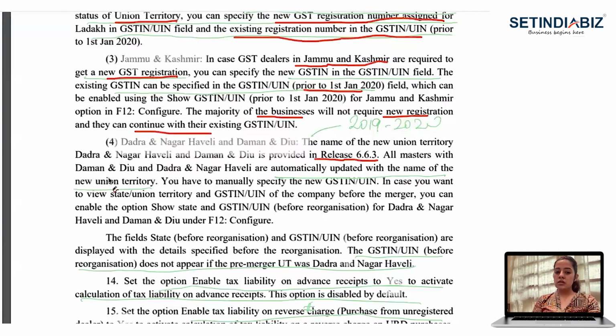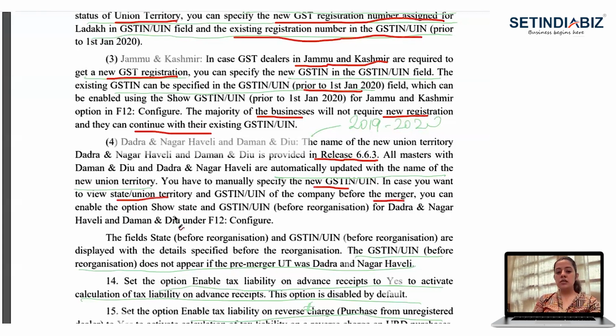All masters with Daman and Diu and Dadra and Nagar Haveli are automatically updated with the name of the new union territory. You have to manually specify their new number, that is GST ID or unique ID, in case you want to view state or union territory and GST ID or unique ID of the company before the merger, right?